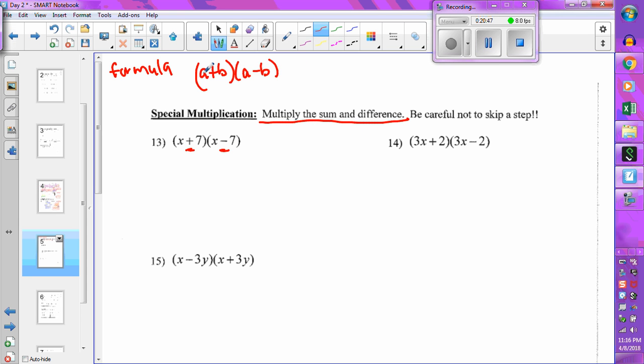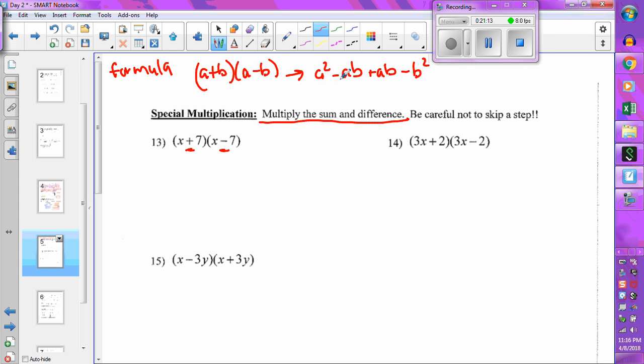So if we're going to do A plus B in parentheses times A minus B, once you FOIL everything out, it's the same thing as saying A squared minus AB plus AB minus B squared, okay?